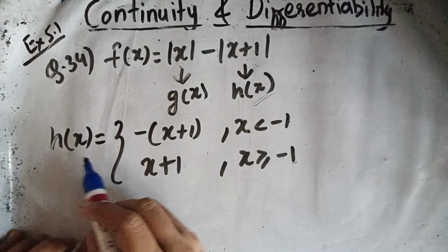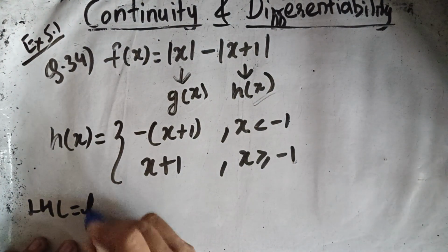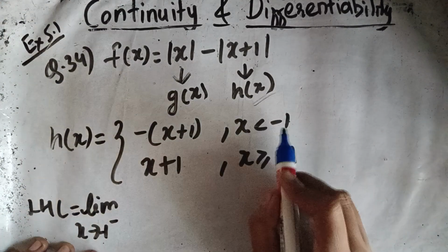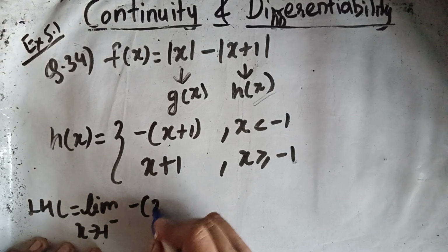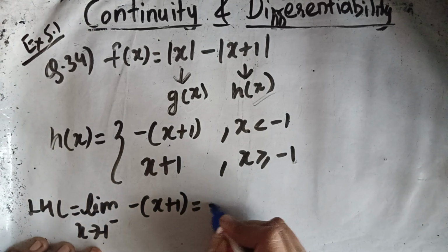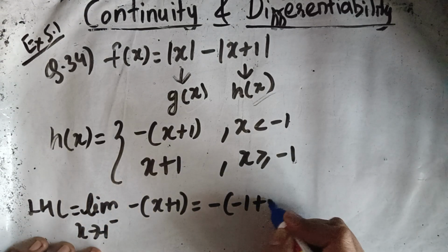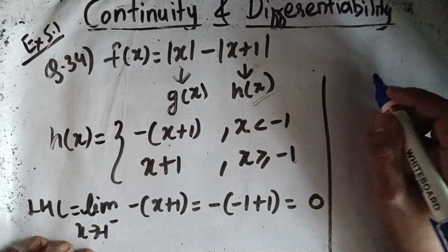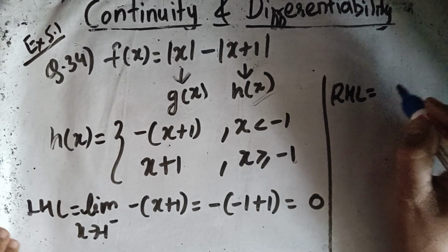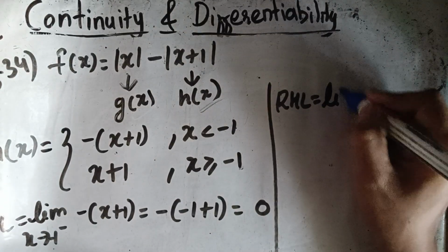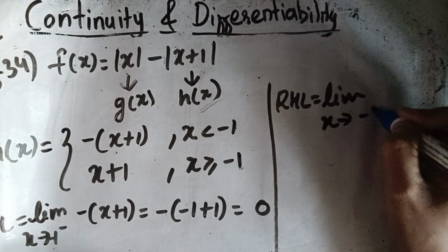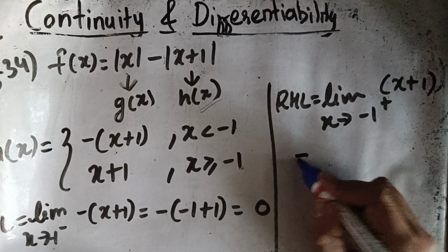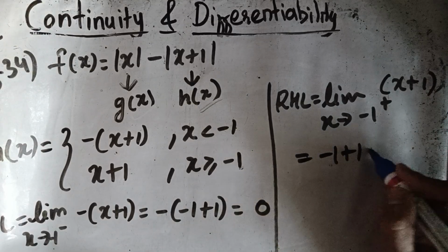Okay, so now you take the left hand limit as x tending to minus 1 minus, so you have to take this, 0. Okay, same you have to do for the right hand limit. Right hand limit x tending to minus 1 plus, so this is x plus 1, minus 1 plus 1, so 0.